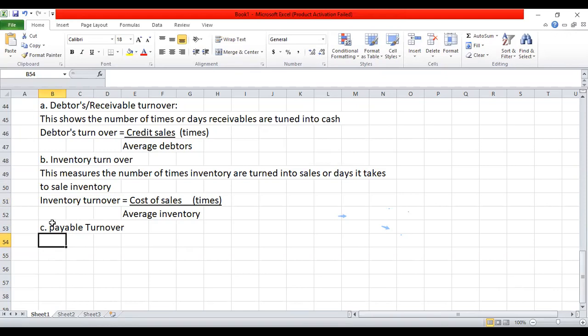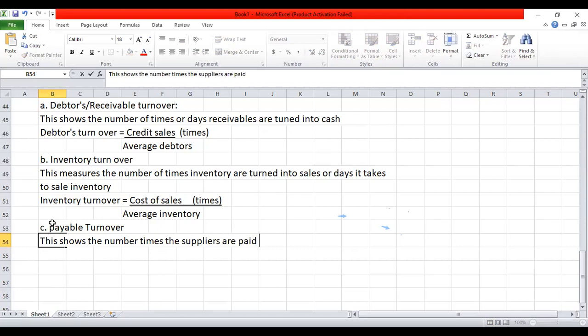That is the payable turnover. So this shows the number of times the suppliers are paid in a given period.